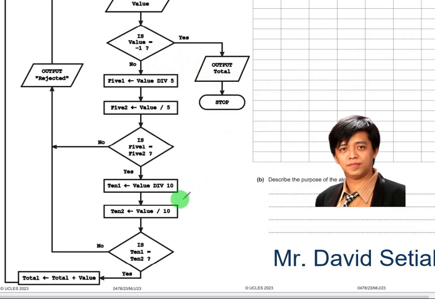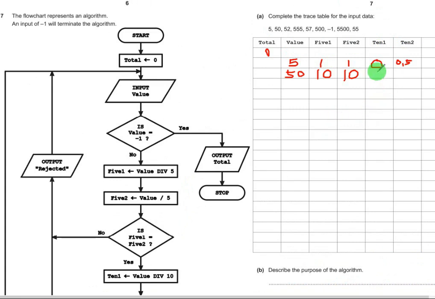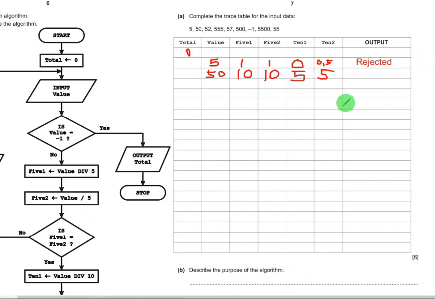And this one, the same one, is 50 divided by regular 10, so this one will also be 5. 5 and 5. 10-1 is 5. 10-2 is 5. Got it, guys?